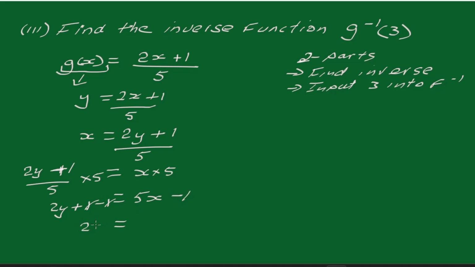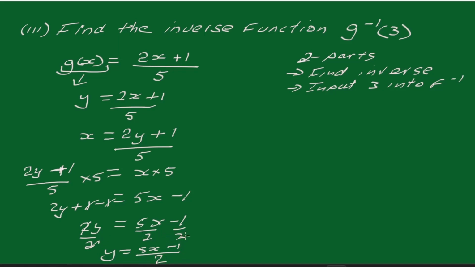That leaves me with 2y equal to 5x minus 1. Now to get rid of the 2, I'm going to divide each term on either side by 2. So y equals (5x minus 1) all over 2.